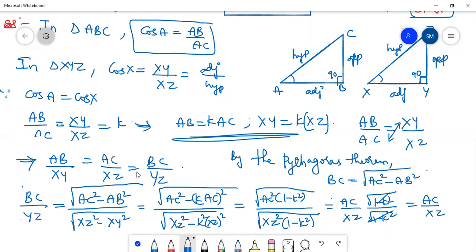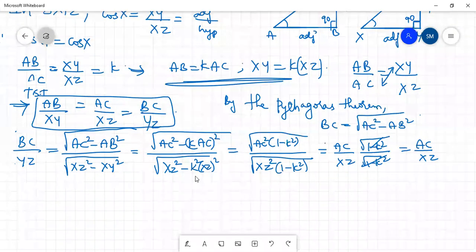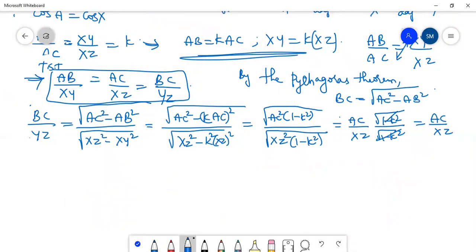So observing these two relations, we are getting the third relation also. So here we have the relation AB by XY equal to AC by XZ, and the same AC by XZ is also equal to BC by YZ.